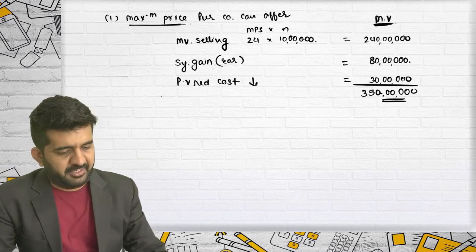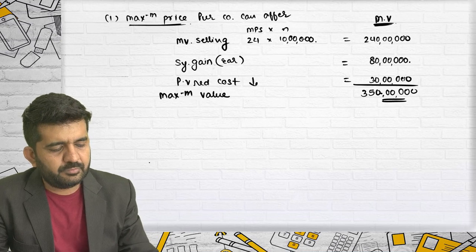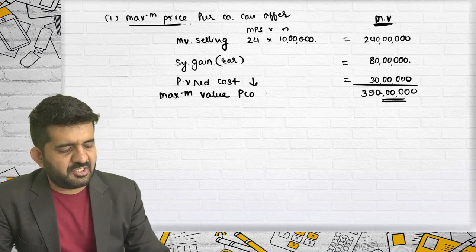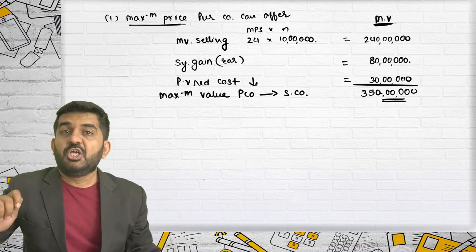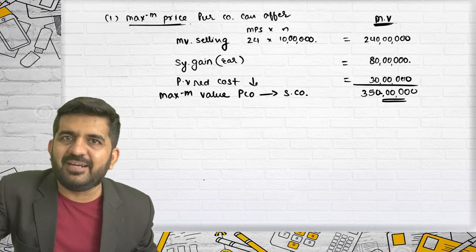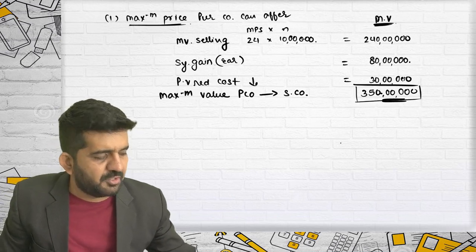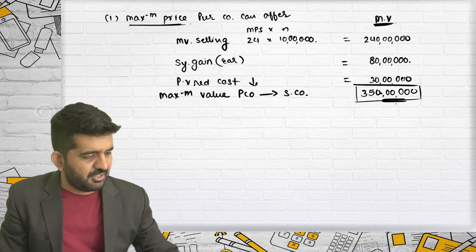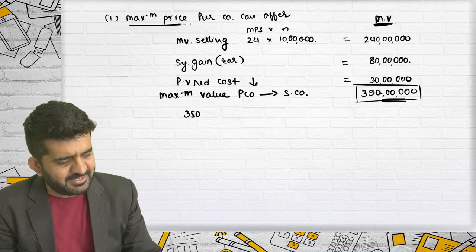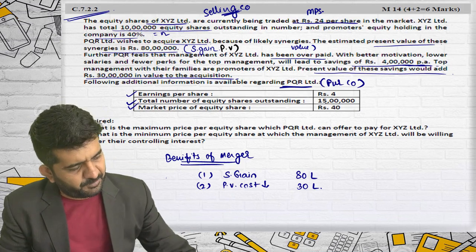Try to concentrate. This is a maximum value purchasing company will be ready to pay to selling company. This is not the value actually paid. This is the maximum value which purchasing company will be ready to pay to purchase selling company. It is 350 lakhs. What is the market price of share of purchasing company?